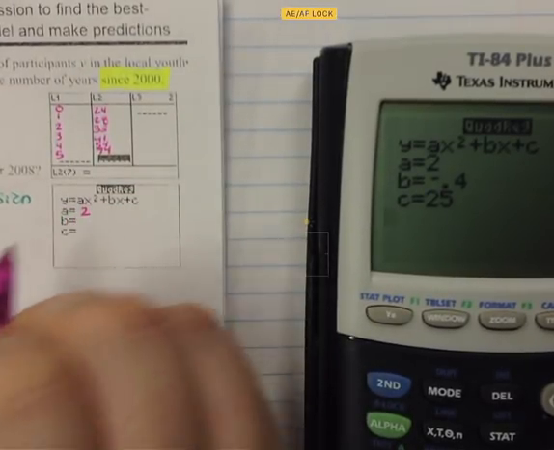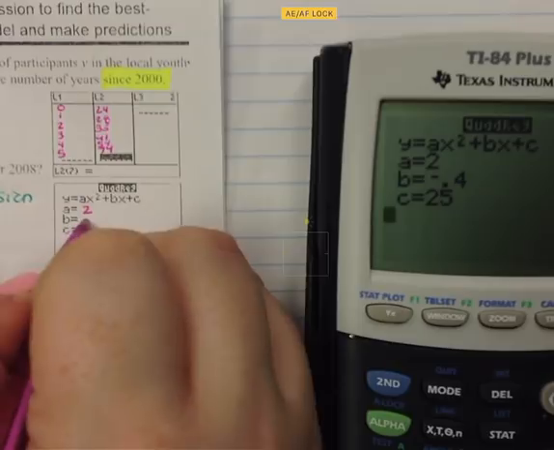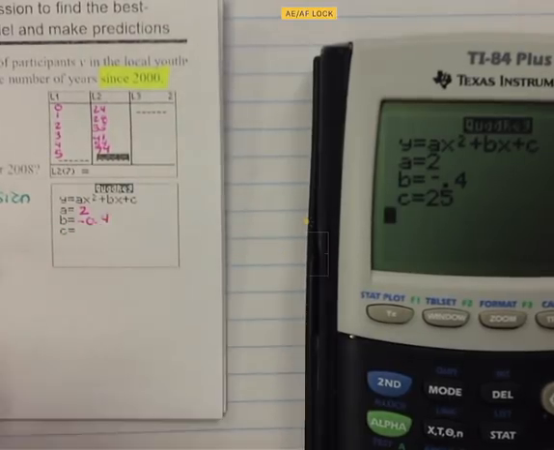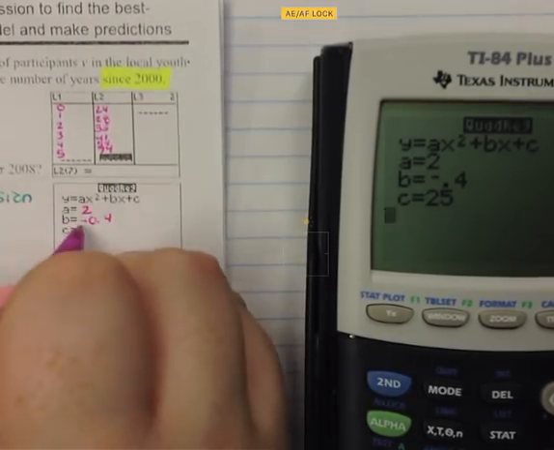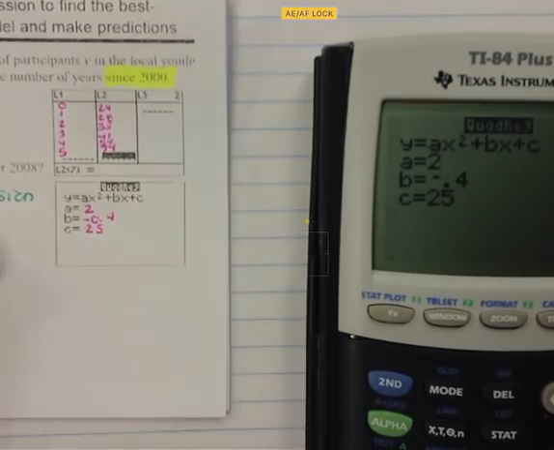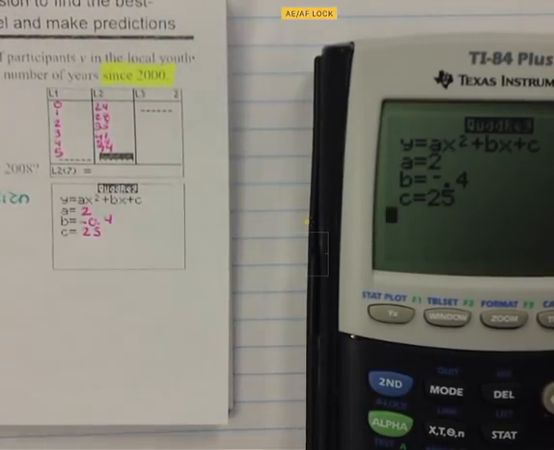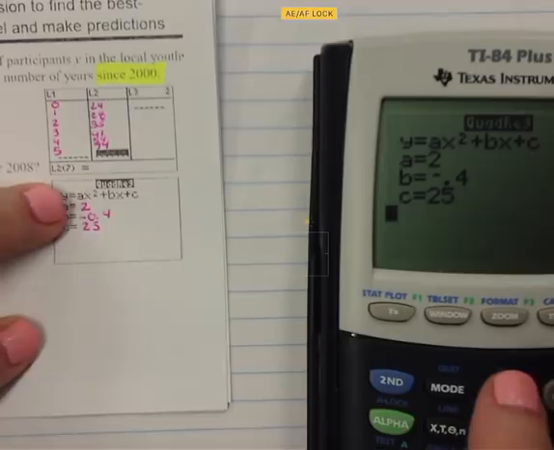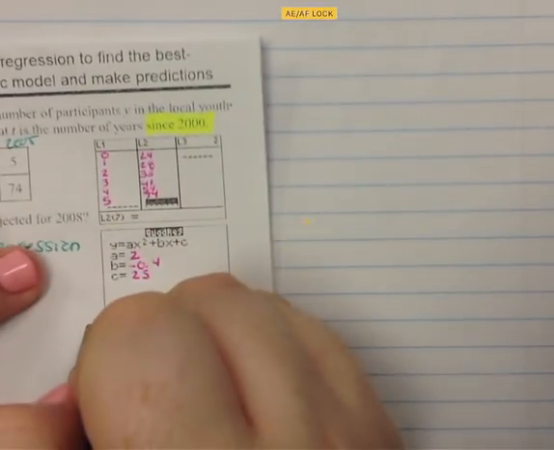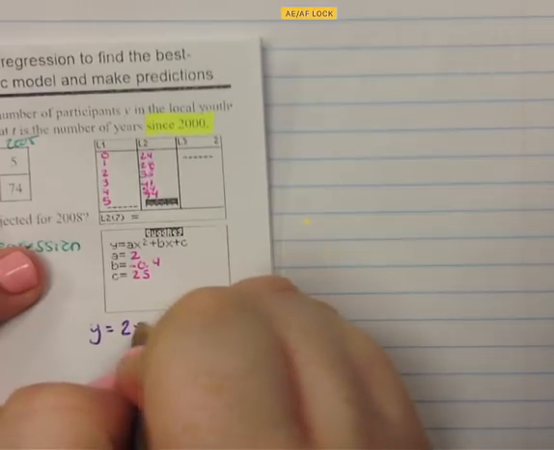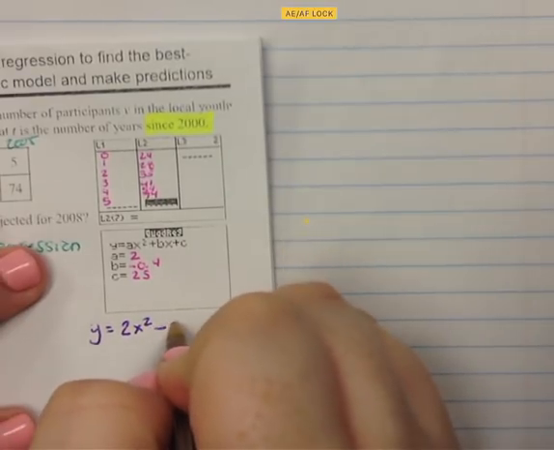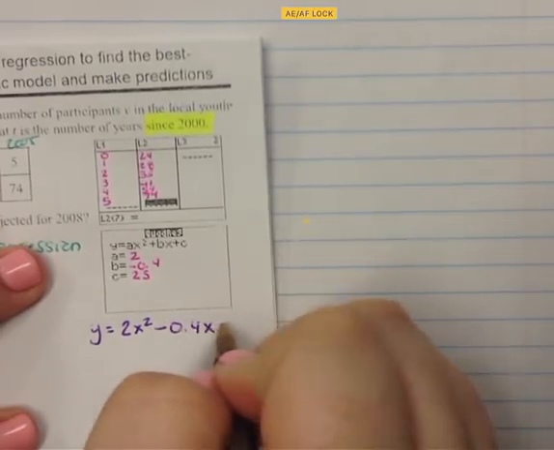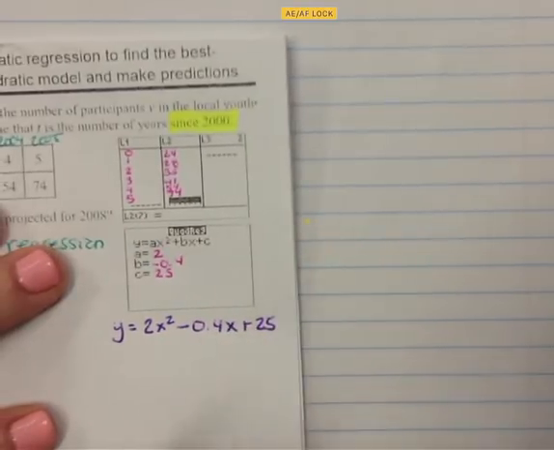Our B value is negative 4/10, negative 0.4. And our C value is 25. So I can write the equation underneath here. I can plug it into the A, x squared, bx, and c. So I have y equals 2x squared minus 4/10 x plus 25. We now have the equation.